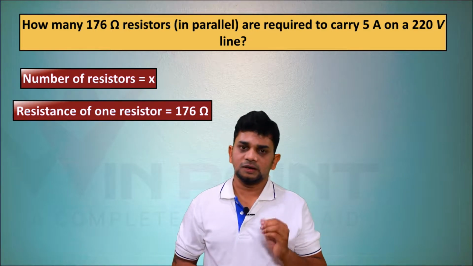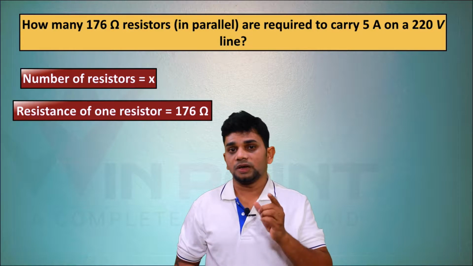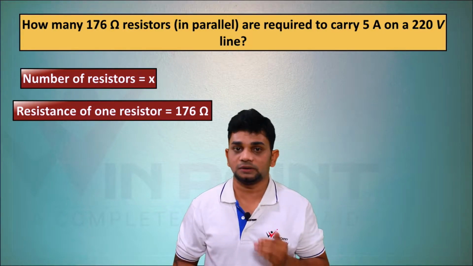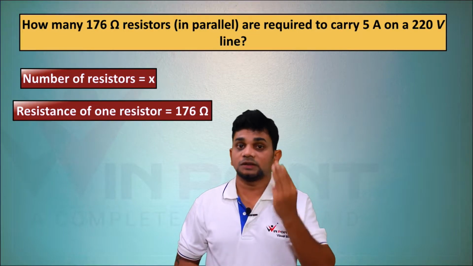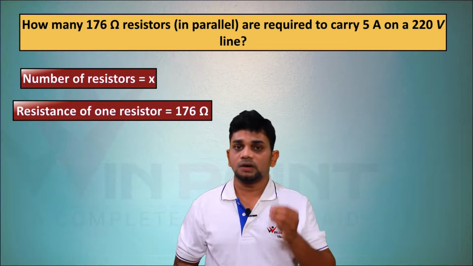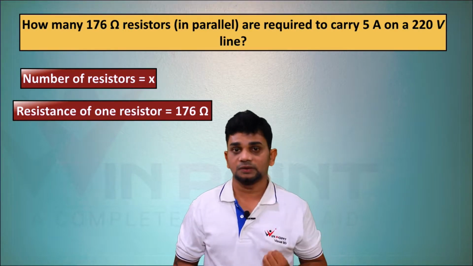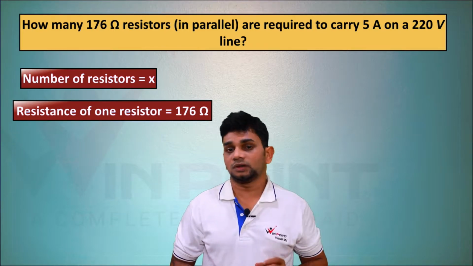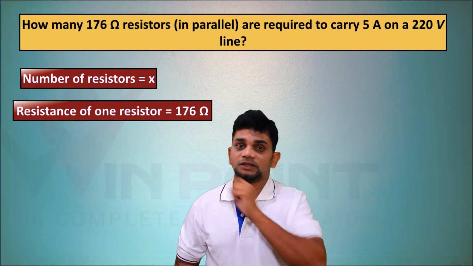Just imagine there are two resistors. What will be the effective resistance? 1 by R equal to 1 by 176 plus 1 by 176. If there are three resistors, 1 by R equal to 1 by 176 plus 1 by 176 plus 1 by 176, 3 times. If there are X resistors, it will be 1 by 176, X times.